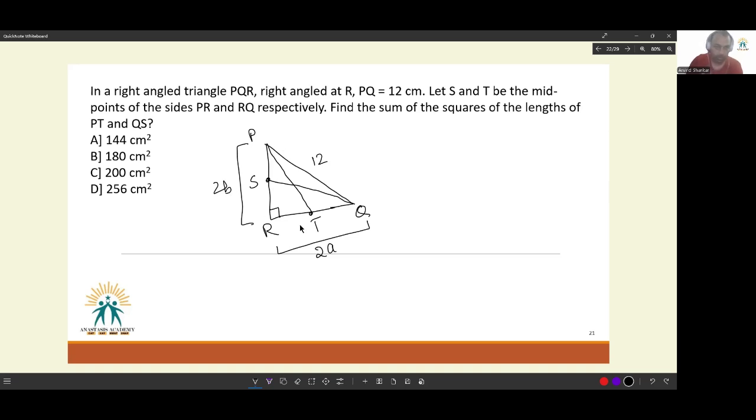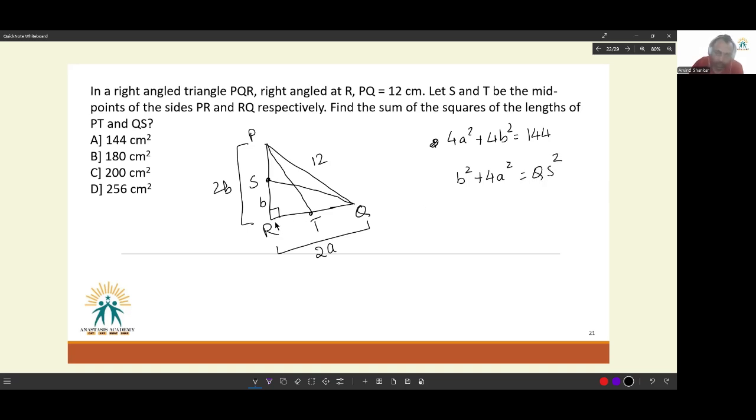Because it's a right angle triangle, 4a square plus 4b square is equal to 144, square of PQ. Now, can I say QS square will be equal to b square plus 4a square, is equal to QS square.